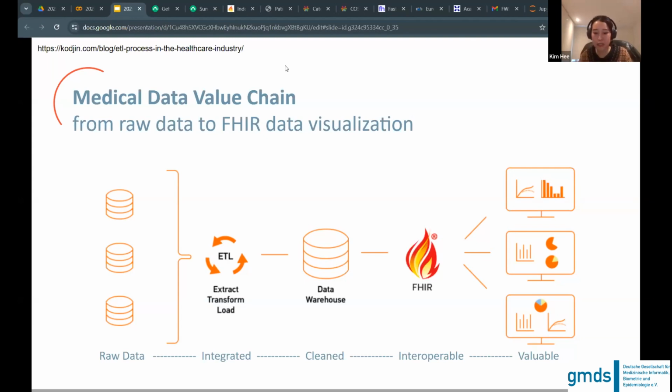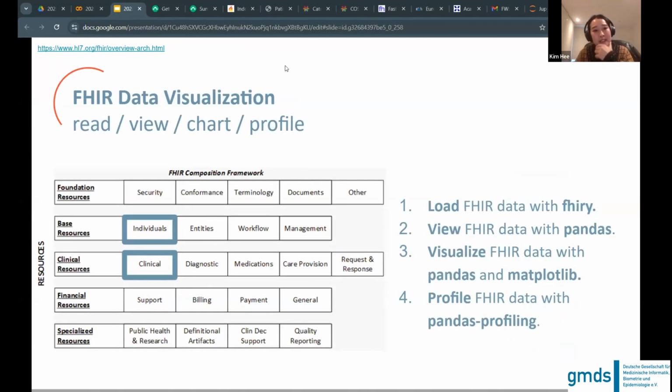So making your data and the data solution interoperable is a key topic these days. And of course, it's a bit complicated. We'll address it and get hands-on with it later. And FHIR data has a lot of conceptual blocks, and they are called FHIR Resources.